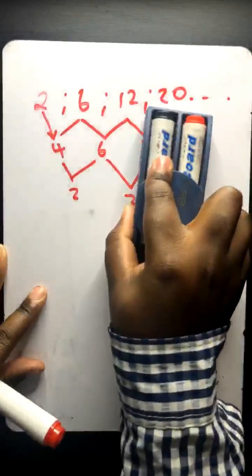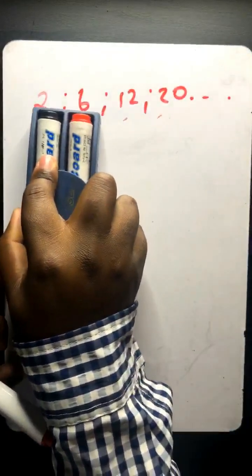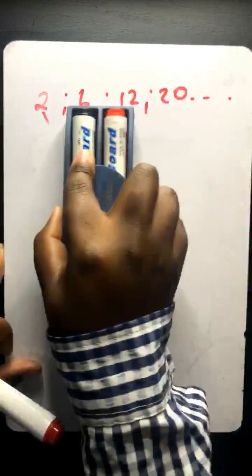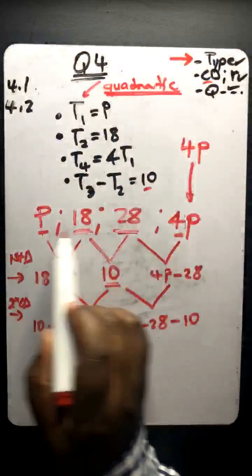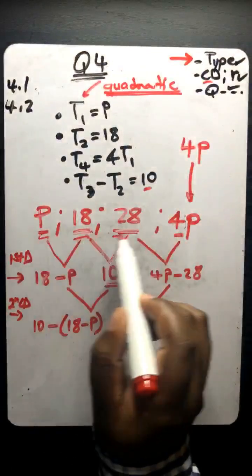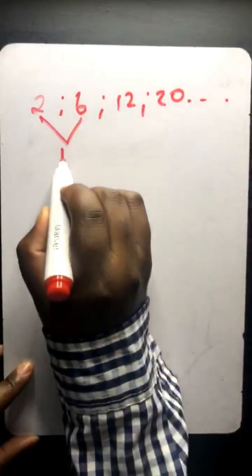Then they remove all of that. Let's say this is term 1, term 2, term 3, term 4. So what we know is that if you say this minus that, it gives you 4.